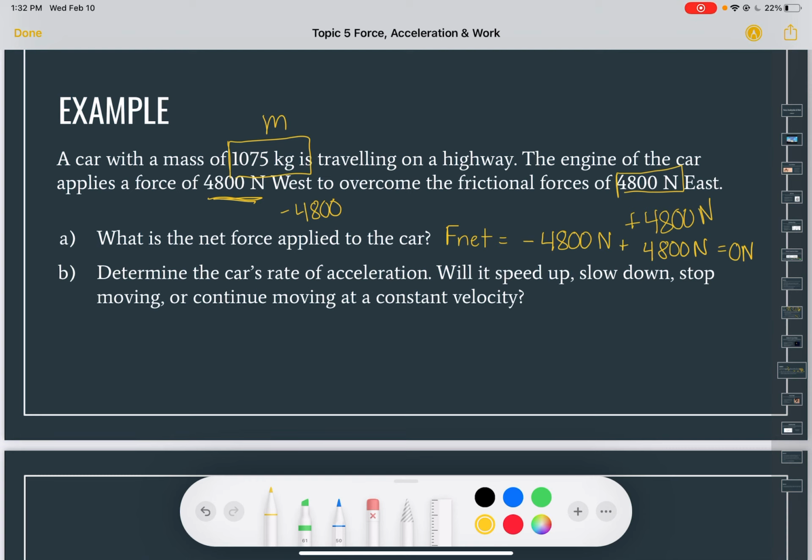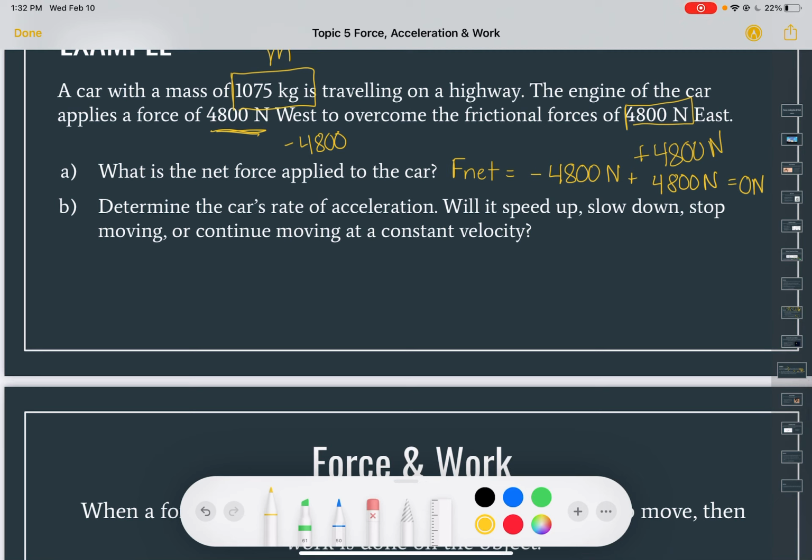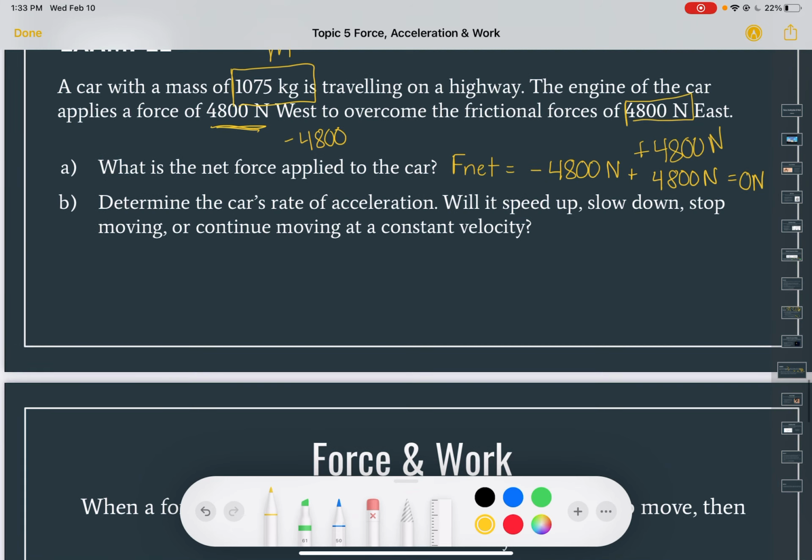Will it speed up, slow down, stop moving, or continue moving at a constant velocity? So we know it shouldn't continue at a constant velocity because there's a force of friction there. If those forces are balanced, remember that something isn't moving. If there's just as much friction as there is in the engine, then it's not going to move. There'll be a 0 net force.